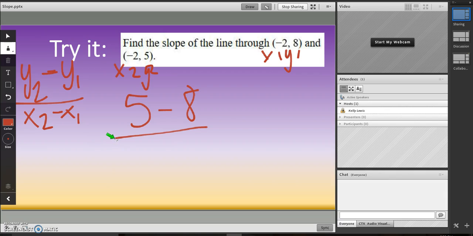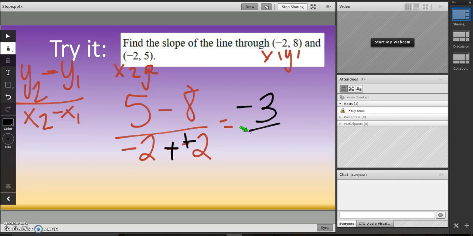The value of x2 is negative 2. The value of x1 is negative 2. All right, the rule is minus a negative is the same as plus a positive. 5 minus 8 is negative 3. So you have $5 in your pocket, but you owe me $8, so you still owe me 3. And then negative 2 plus 2, that's 0.